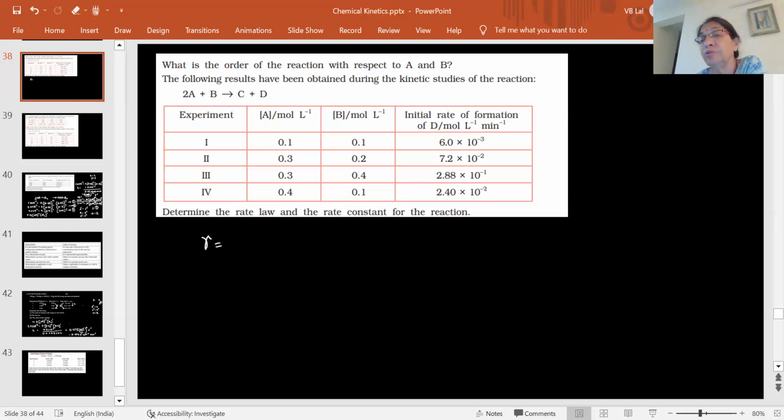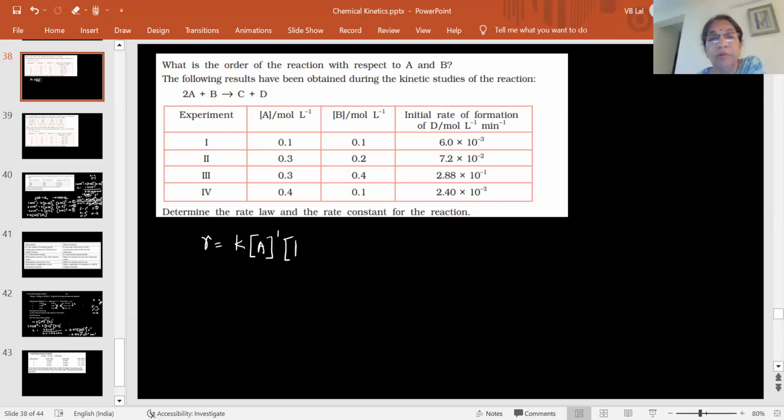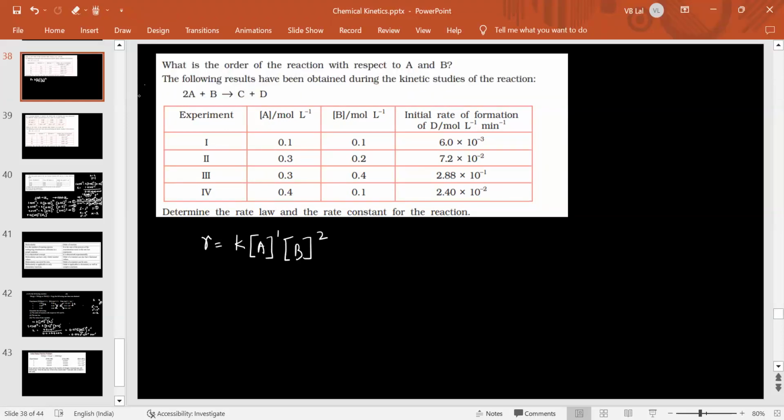R is equal to K, A to the power of 1, B to the power of 2. Right? Very good. Now, how did you find it? I divided the rate equations for any experiment.